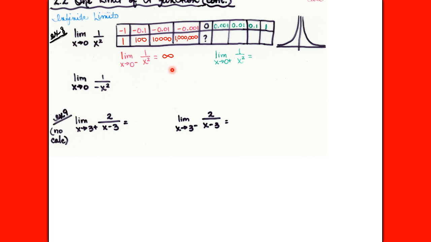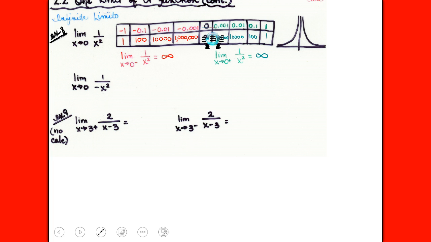All right, if I were approaching this same function from the right-hand side, and I plugged in those exact same values, just that they're all positive, the y values would be identical, right? Because if you square a negative or you square a positive, you get the same thing. So the exact same thing is going to happen on the limit from the right. Again, those values are going to get infinitely larger without bound, and so we could say that limit is infinity.